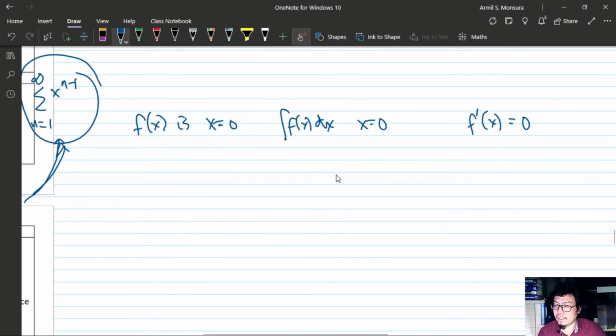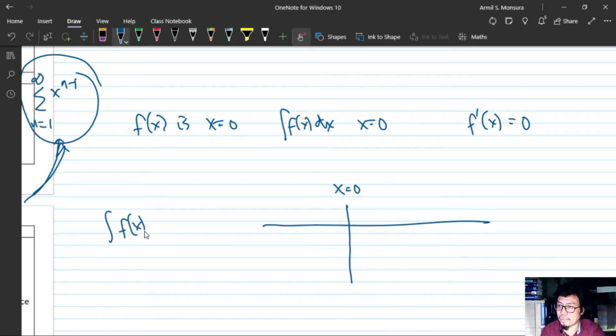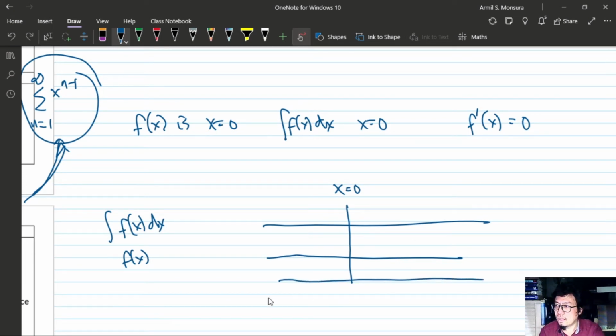I have a table there. If this is your number line for the integral of f of x dx, this is the number line for f of x, and this is the number line for f prime of x, all of them are centered here.